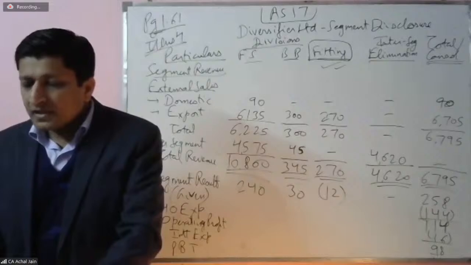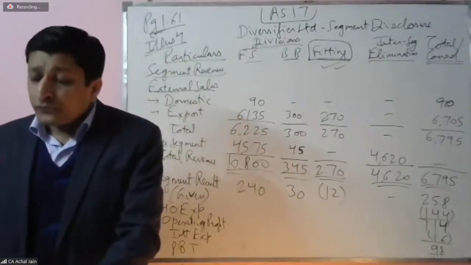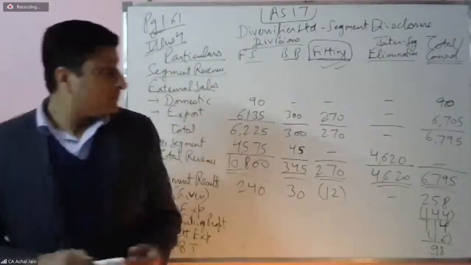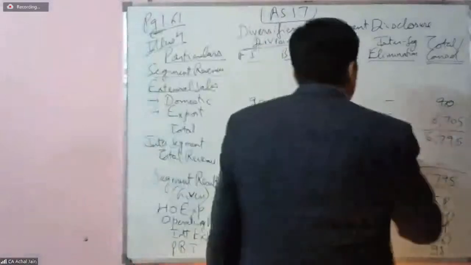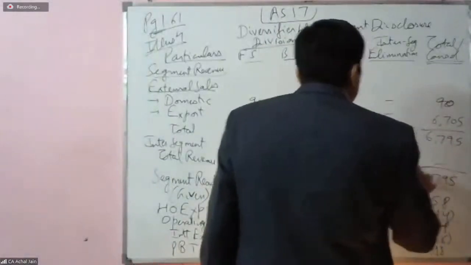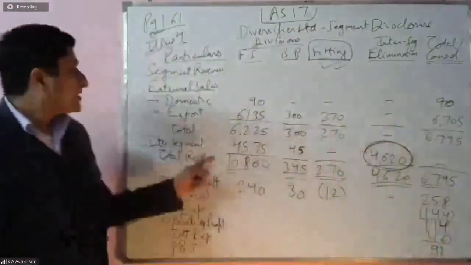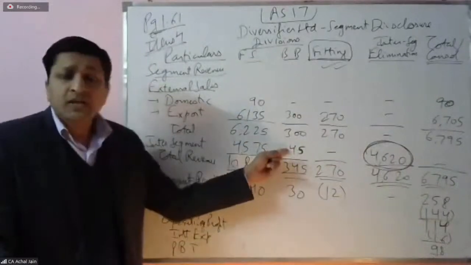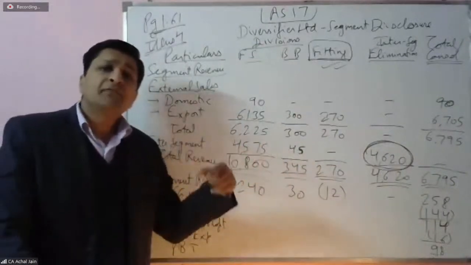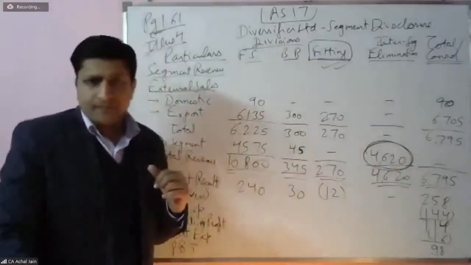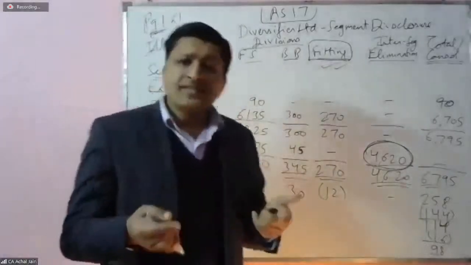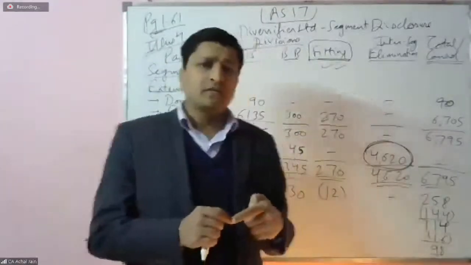Okay, Ganesha is asking, sir, why did we exclude 4620? Why did we exclude this? Okay, this part. See, this is sum total of sales which were made by one segment to another segment. You can say sales made within the organization.